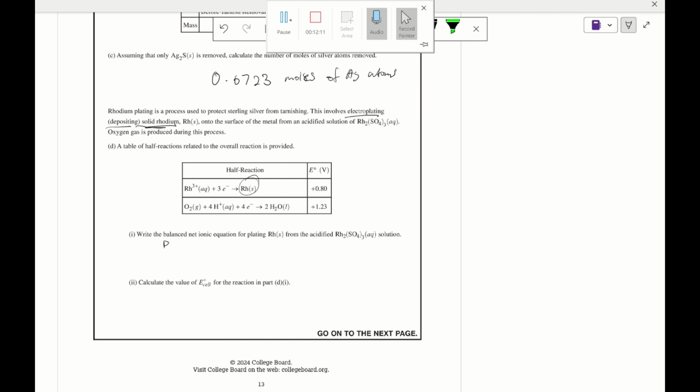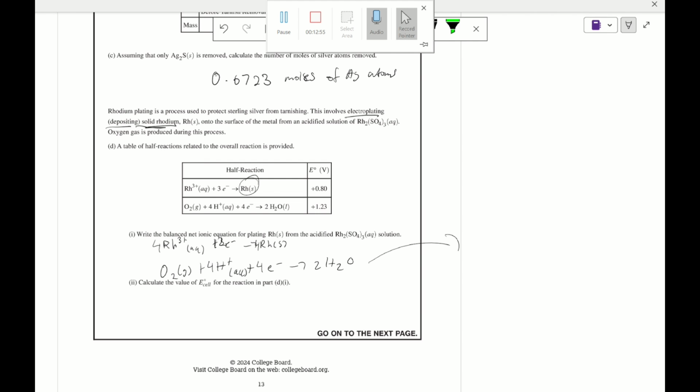So this would be our cathode, our redox reaction, plus the 3 electrons, gives us solid Rh, then O2, 4H plus, 4e minus, which will give us 2H2O. So this one will have to be flipped and multiplied by 3, and this one will just be multiplied by 4, so we'll change that.